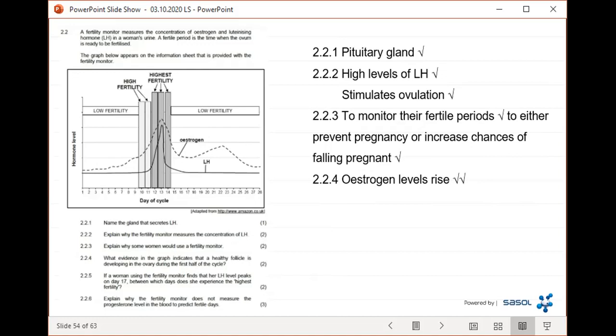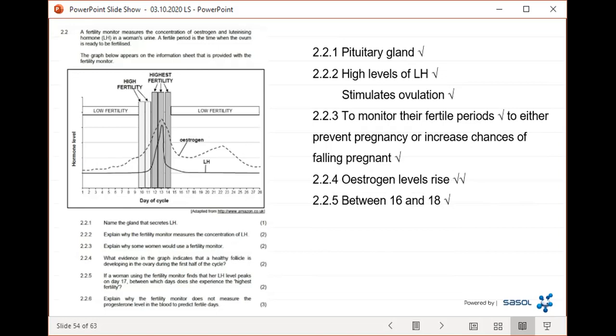So if we just go back to the graph and we look at highest fertility, it's like between 3 days. On this graph, it shows luteinizing hormone peaking on day 13, meaning that highest fertility was between day 12 to day 14. So if it's on day 17, it means it's from day 16 to 18, right?